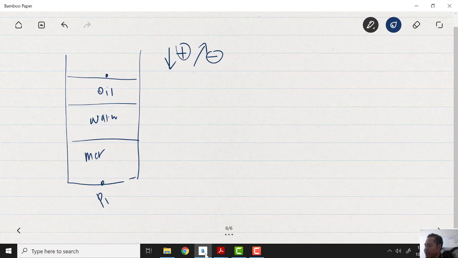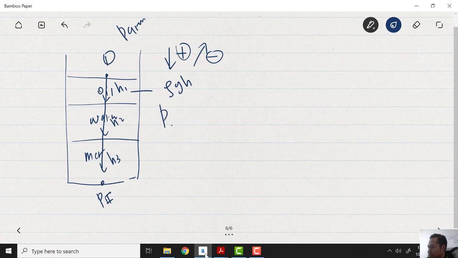What I mean by arrow is this: for example, you are measuring the pressure at point 1, and this is point 2. Your starting line starts from point 1, through the oil layer H1, then the water layer H2, until we get to the mercury layer H3. If you want to measure the pressure inside a liquid, we use the equation rho g h. Here we have P atm, so P1 equals P atm.